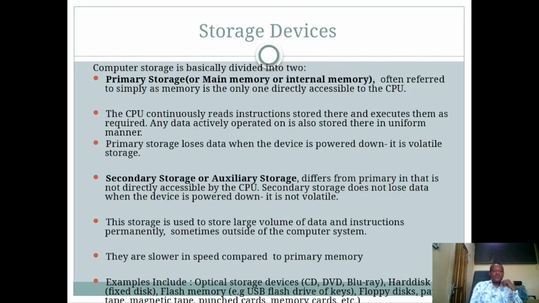One other thing you should know about secondary storage or storage devices is that it is used to store large volume of data and instructions permanently, sometimes outside the computer system.